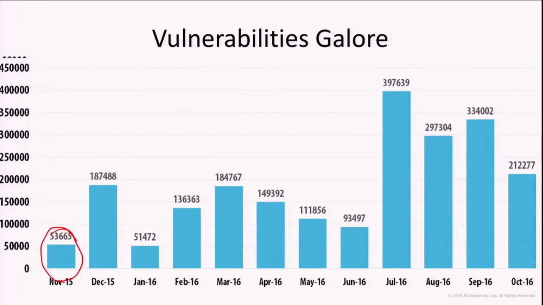But this shows the trend that in July almost 400,000 people, in September 334,000 people, in October 212,000 people, and so on. So this is almost endemic.